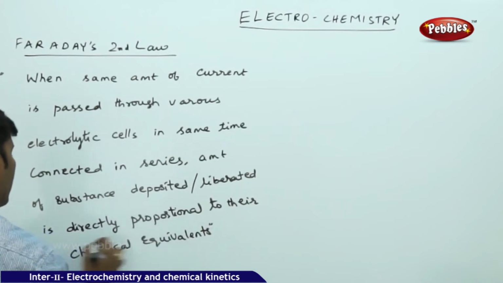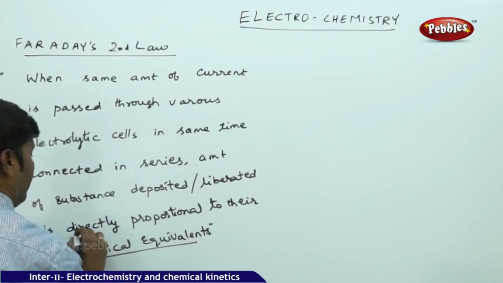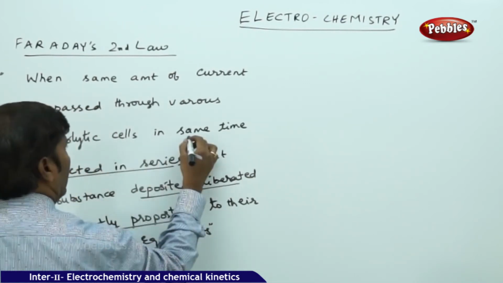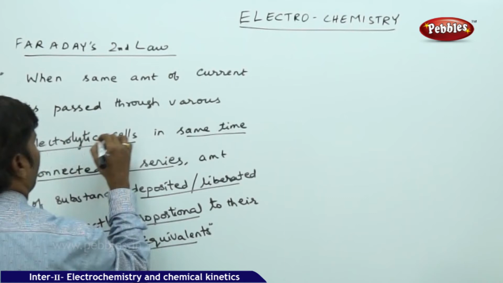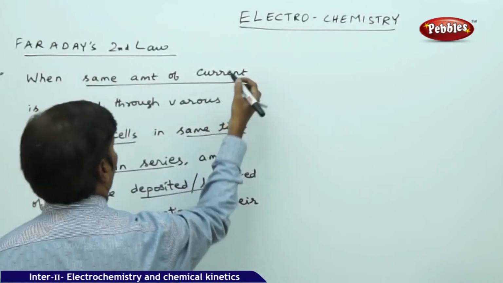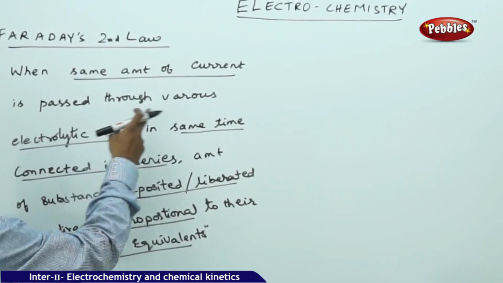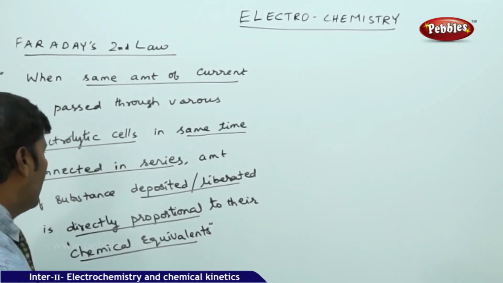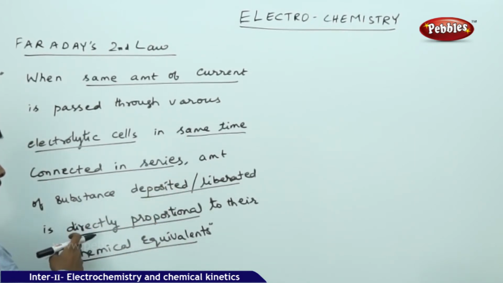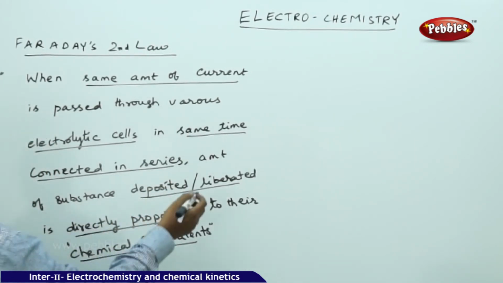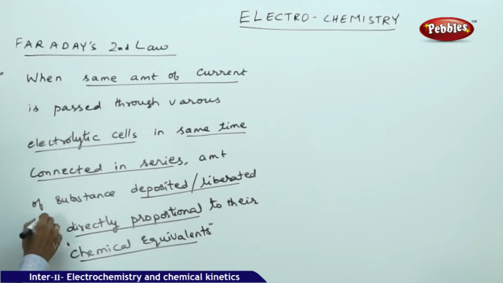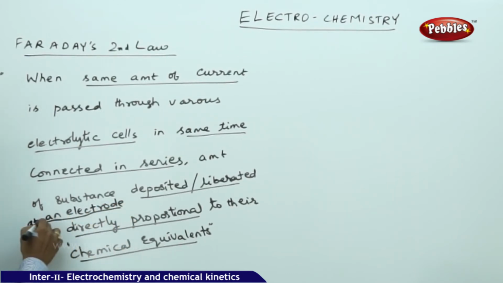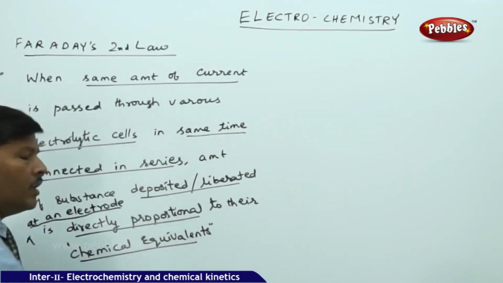When the same amount of current is passed through various electrolytic cells in the same time connected in series, the amount of substance deposited or liberated at an electrode is directly proportional to their chemical equivalent.